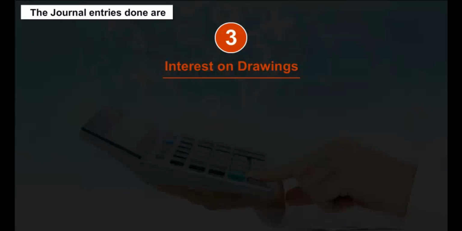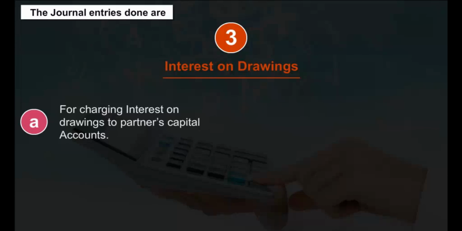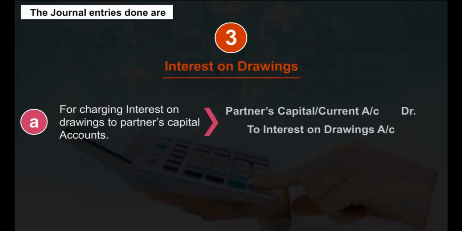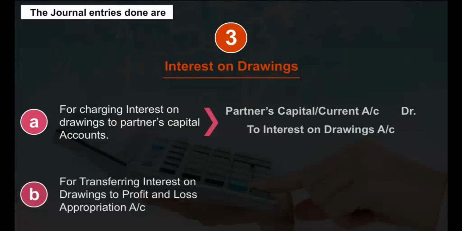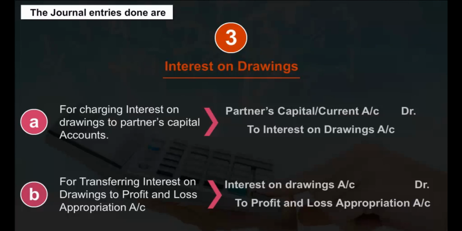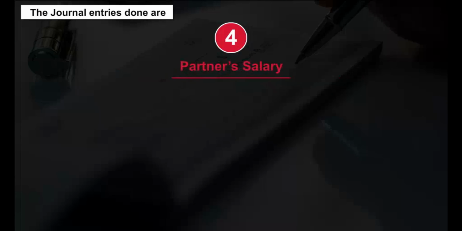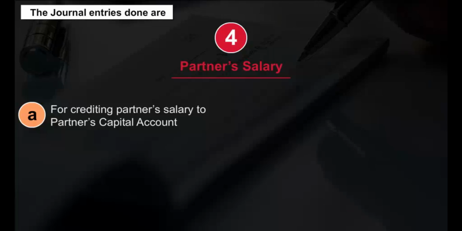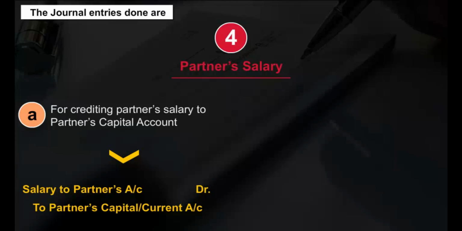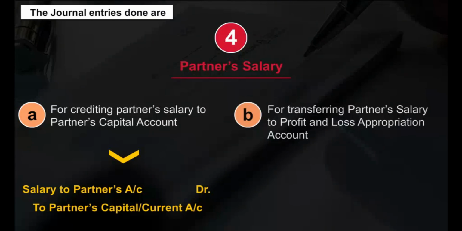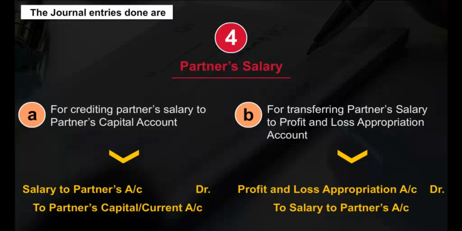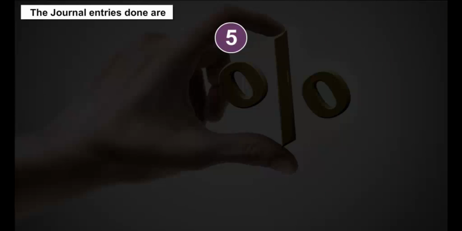3. Interest on drawings. A. For charging interest on drawings to partners' capital accounts. B. For transferring interest on drawings to profit and loss appropriation account. 4. Partner's salary. A. For crediting partner's salary to partner's capital account. B. For transferring partner's salary to profit and loss appropriation account. 5.